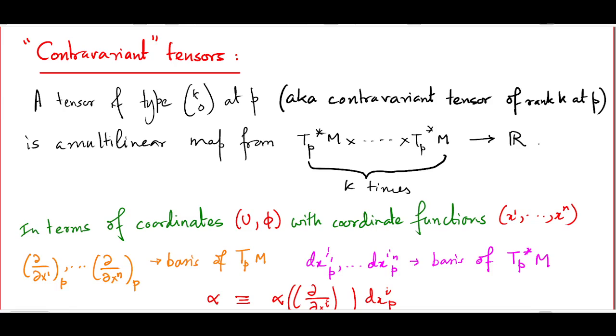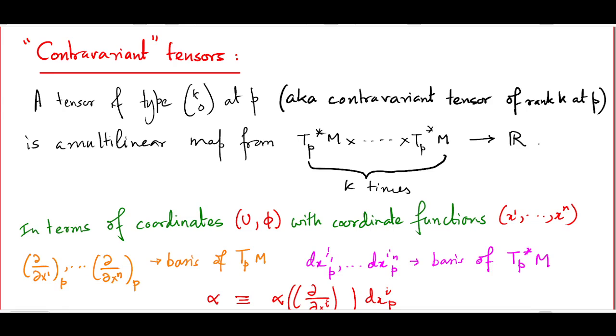These are given by del x1 at p, del x2 at p up to del xn at p, which are the tangent vectors at p to the distinct coordinate curves. Now the dual to this set of vectors gives us a basis for Tp star M. These are the coordinate differentials dx1, dx2 up to dxn at p.